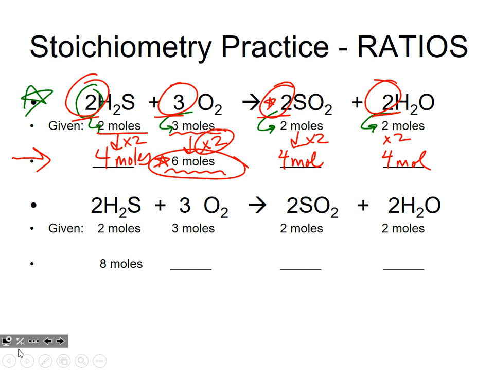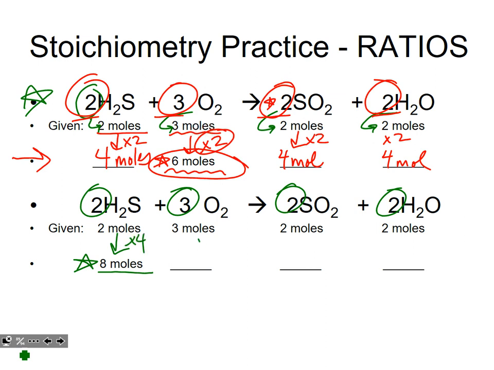And then just a different problem down here, it's the exact same reaction, but now I'm starting with a different amount in a different compound. So what if I'm starting with 8 moles of H2S? Again, I have to keep the 2 to 3 to 2 to 2 ratio intact. So what did I do to go from 2 to 8 moles? Well, I quadrupled it, which means I'm going to need to quadruple everything else to keep the ratio intact, right? Keep the same proportion.